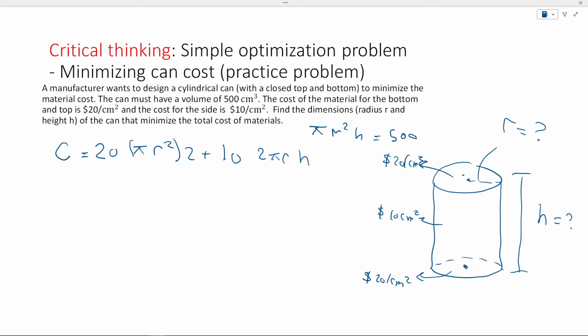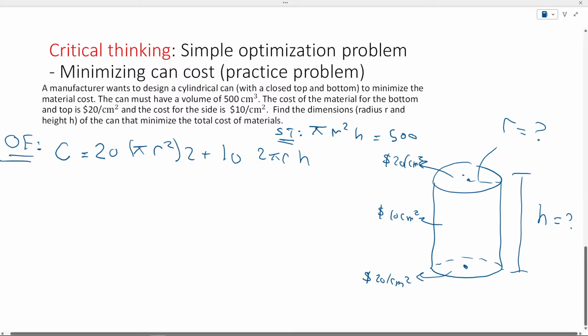So that's my objective function, subject to this condition. That's my objective function.